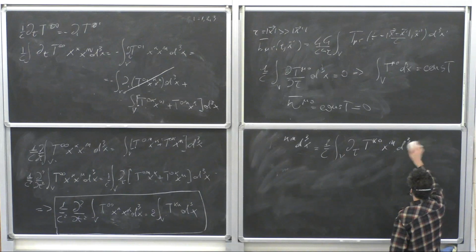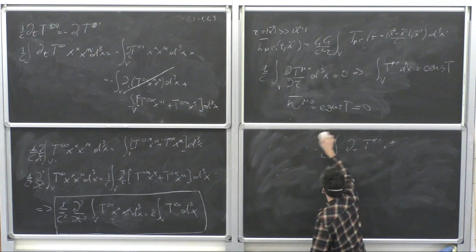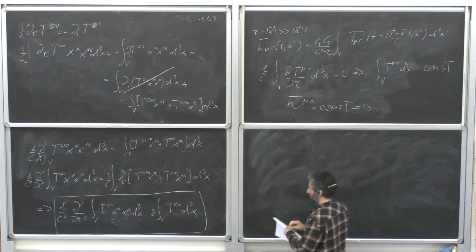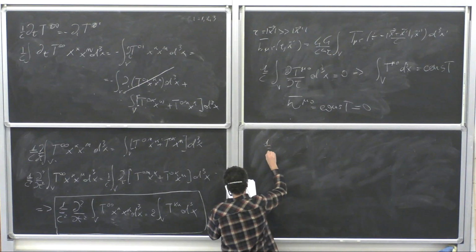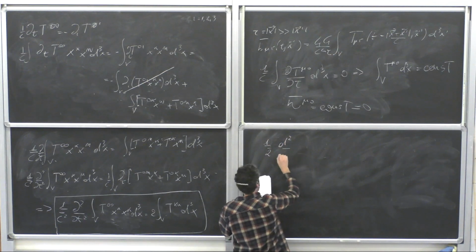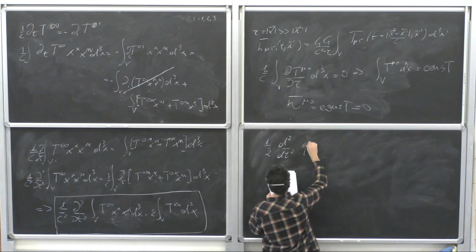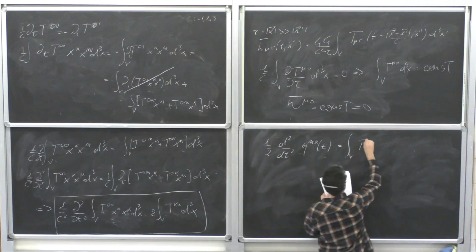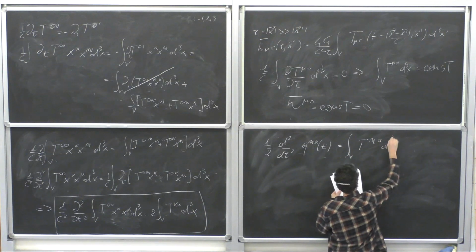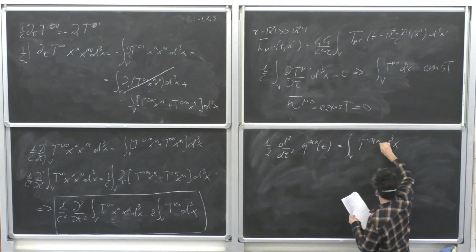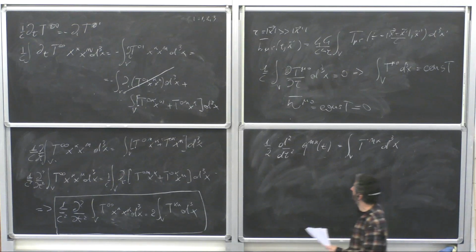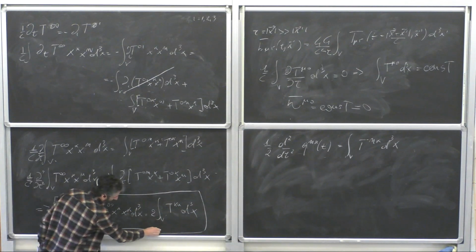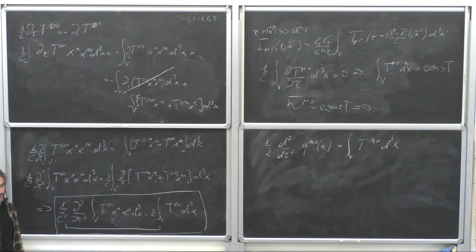They're orthogonal, so they will be 0. So here I get, let me write it this way, d squared dt squared Q_nk of t is equal to this, where, modulo a factor of 2, this is what I wrote there as Q.